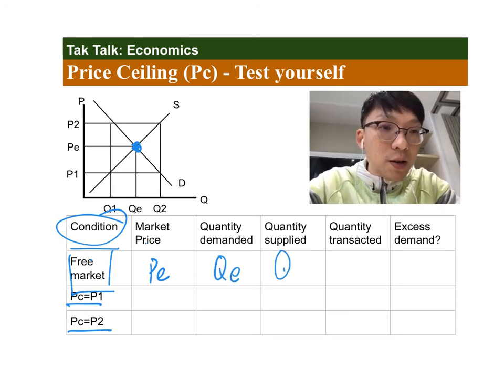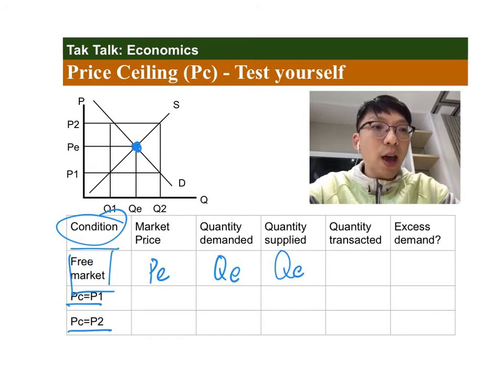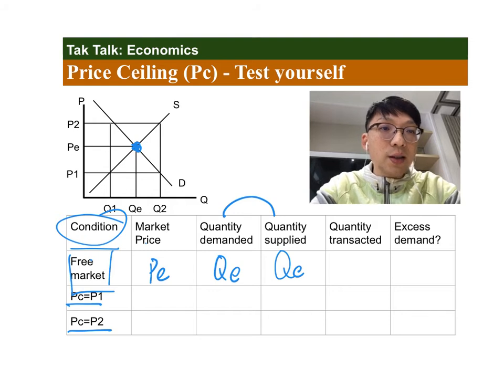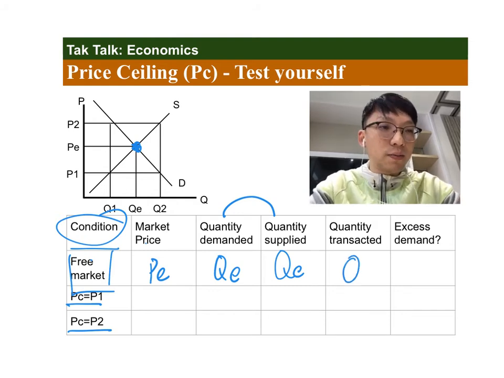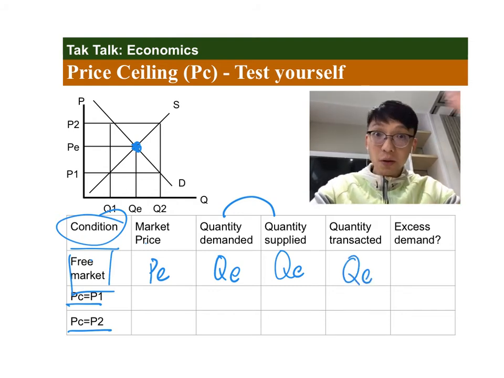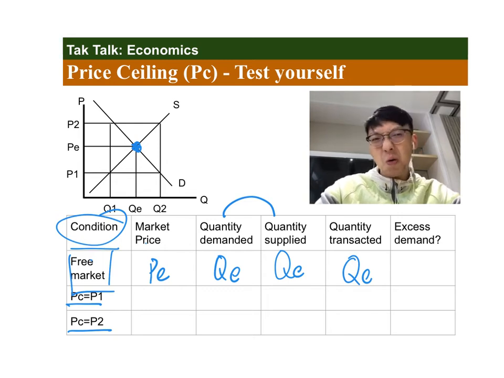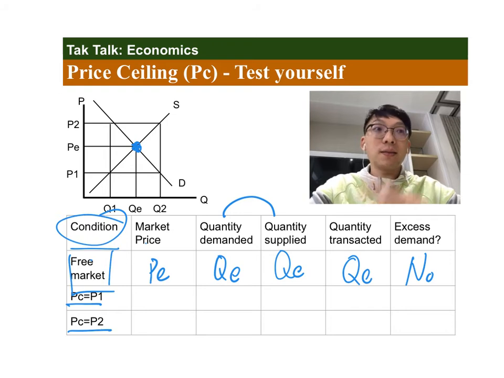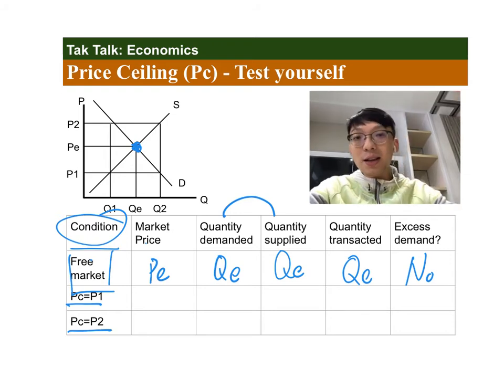Quantity supplied is QE, because it touches the supply curve. And quantity transacted is always the smaller between QS and QD, so it is QE. Is there any excess demand? No, right? So that is no. Okay, so let's do it together.